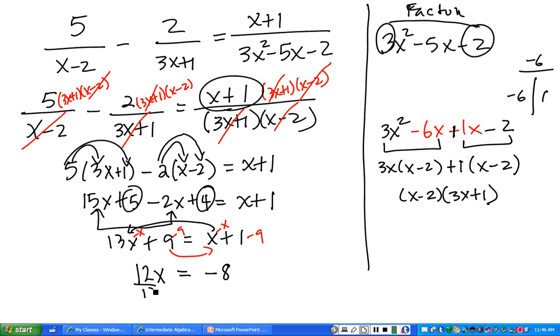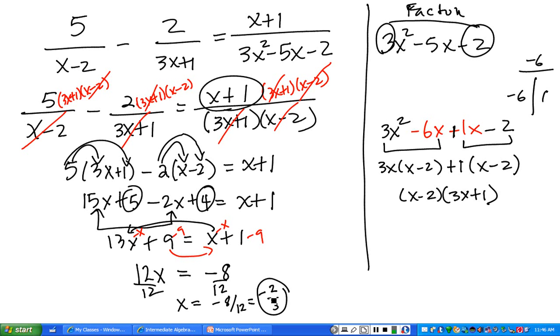Divide by 12. We get x equals negative 8/12, which is negative 2 over 3. X equals negative 2/3.